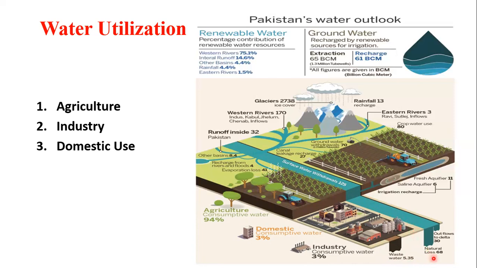Natural loss is 68%. So the natural loss of water in Pakistan is 68%. There are so many ways of natural loss of water, we'll discuss inshallah. Clear? So here is the water utilization. Domestic use includes washing and cleansing and cooking and much more.